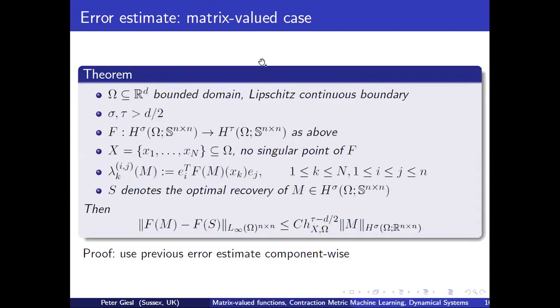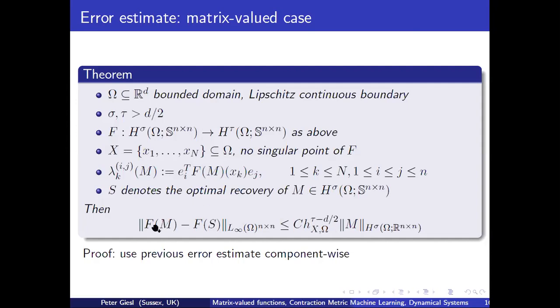So this is the tool we're going to use to deduce our error estimates. First of all, let's define the setting. Again, omega is a bounded domain. We now need this Lipschitz continuous boundary. And both sigma and tau are larger than d over 2. This is the differential operator as above. And we have points, these points x1 to xn in omega, and they can't be singular points of f. We define lambda as above as well, and then s denotes the optimal recovery of m, which we know is unique.